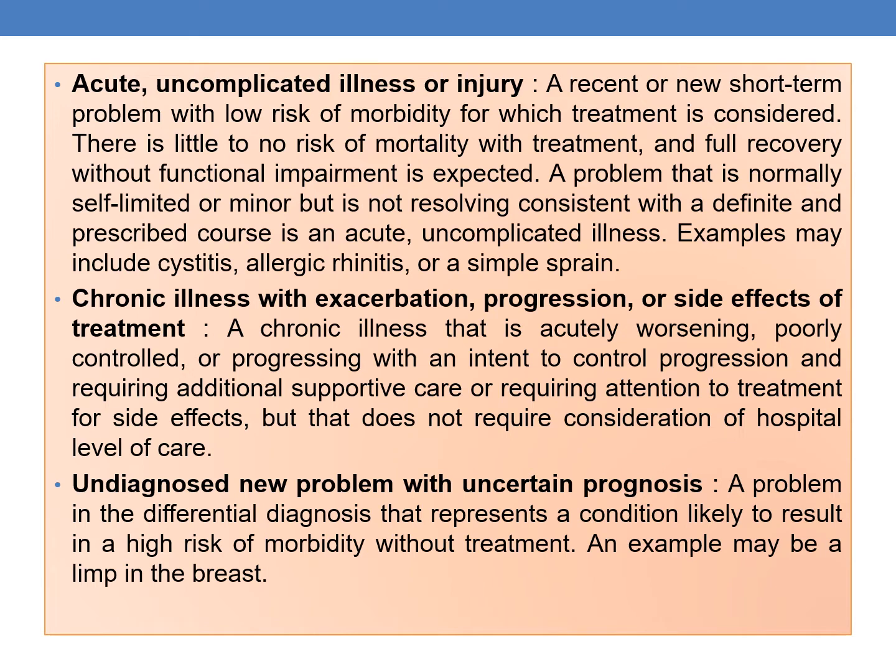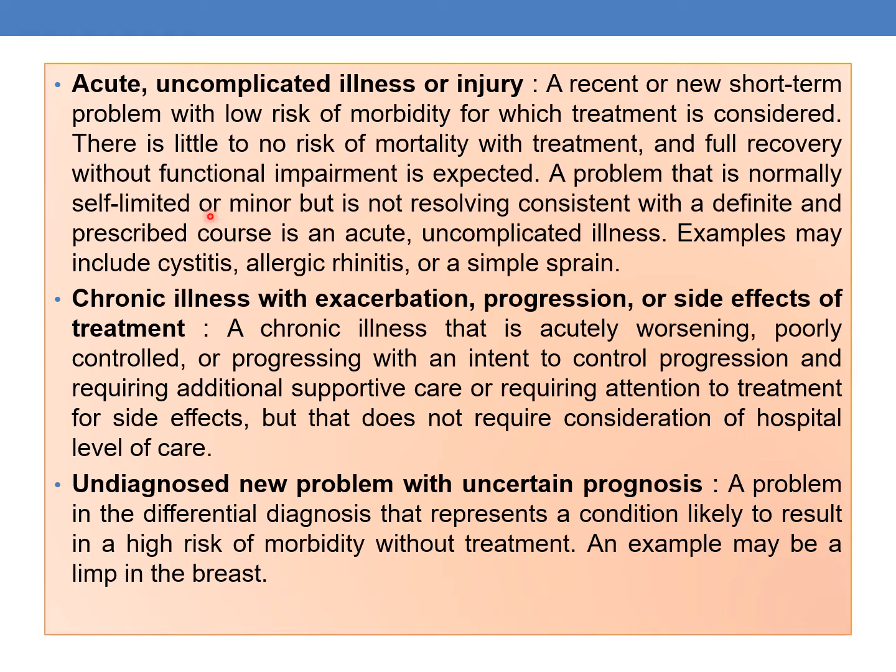Now coming to the next definition, acute uncomplicated illness or injury. A recent or new short-term problem, that is nothing but acute. A recent or new short-term problem with low risk of morbidity for which treatment is considered. There is little to no risk of mortality with treatment and full recovery without functional impairment is expected.